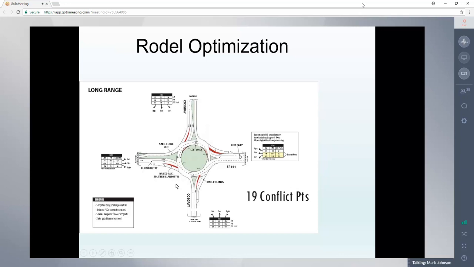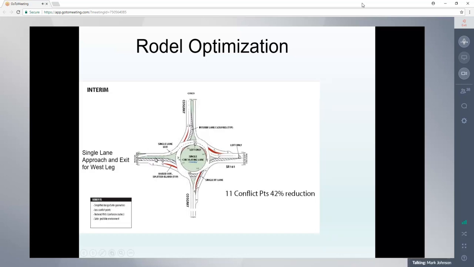What we identified was that the VC ratios were high. With Rodel's high-definition queuing theory, we're able to understand the queue and delay at the high VC ratios and understand how necessary all that laneage may or may not be based on the long-range projection. And so we identified what we termed an interim design, and Rodel in this case showed that it would likely provide an adequate level of service on that long-range flow.